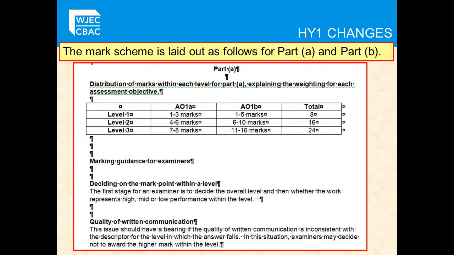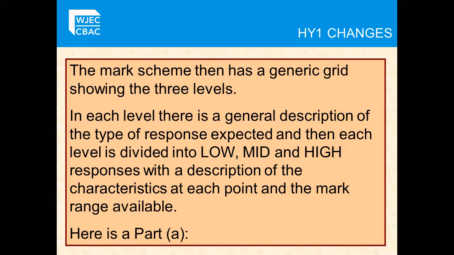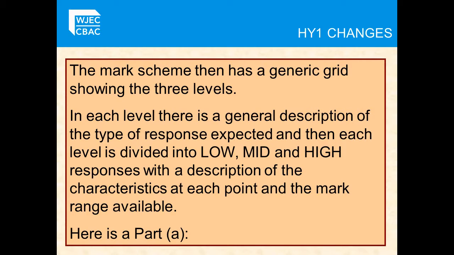As usual, examiners and staff in centres are advised to decide on the level to be awarded as a first step, and then to fix a mark according to where in that level the response best fits. It is expected that examiners would place the response at one of the 3 positions within a level. We see these as low, middle, and high responses within a level.